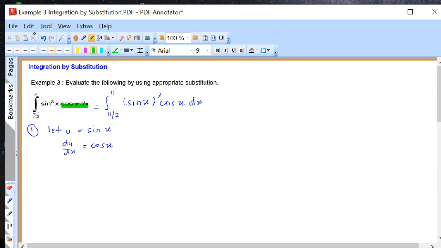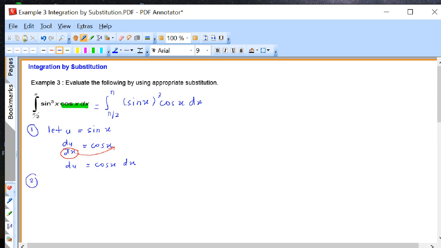So it means that this dx on the left hand side, we're going to bring to the right hand side. So you have here du equals cos x dx. Now we're settled for finding the derivative of u. So we move on to the next step.